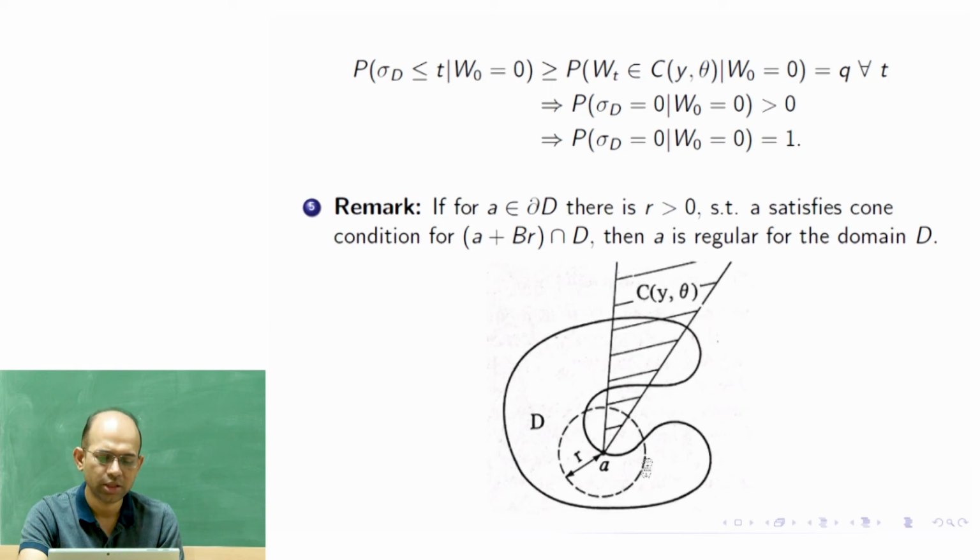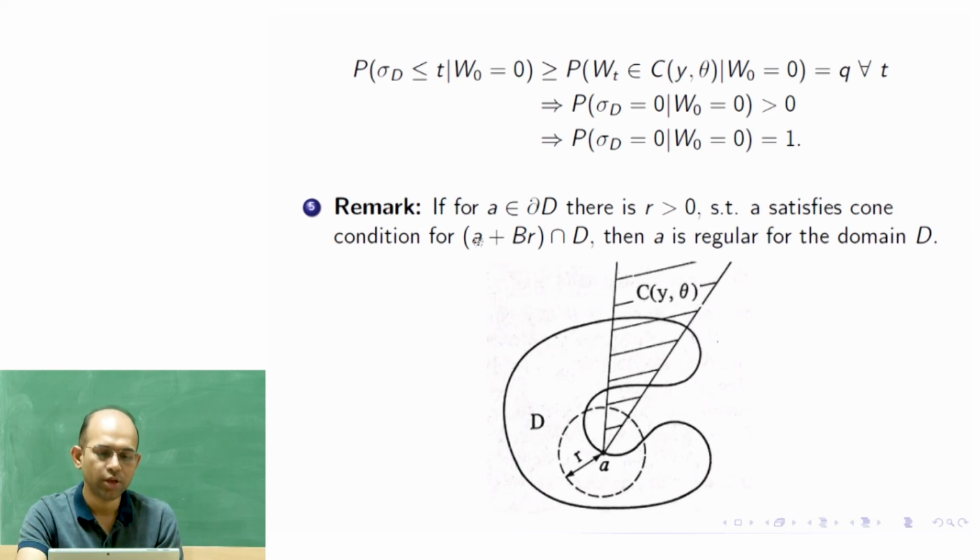Then this moon-type part would be your new domain. In that new domain, A satisfies the Zaremba cone condition, and then you can apply that theorem to conclude that A is a regular point.